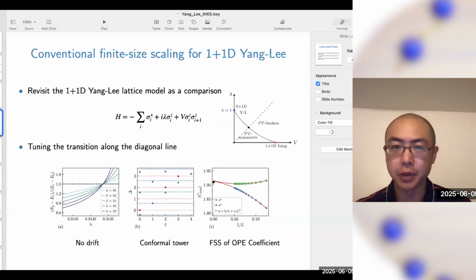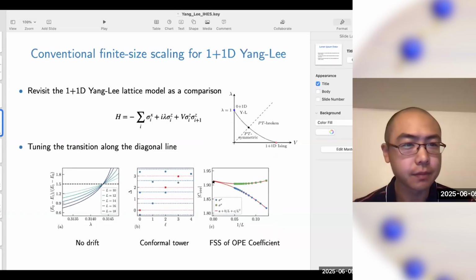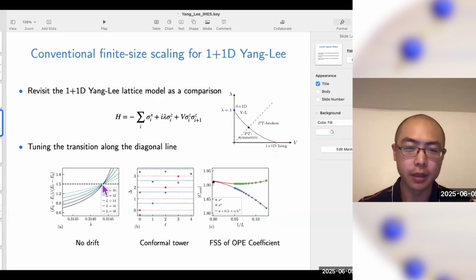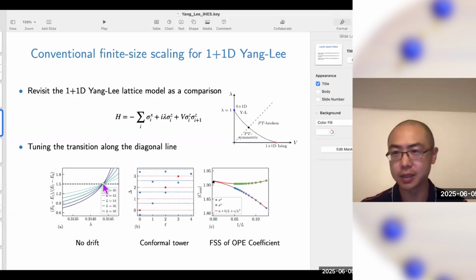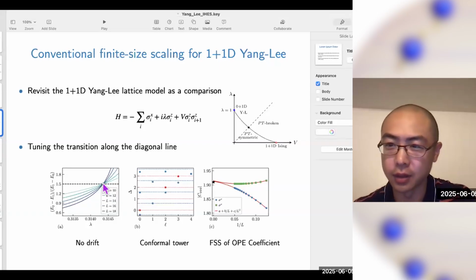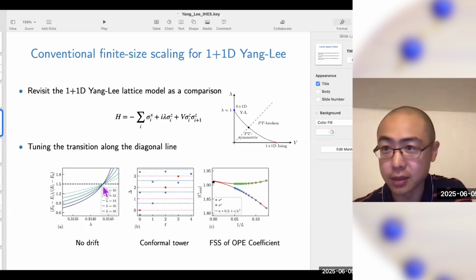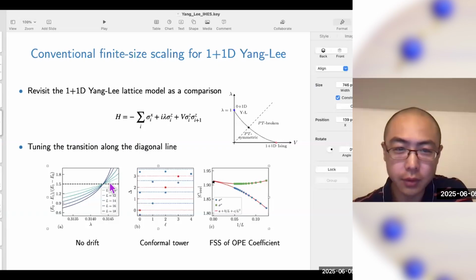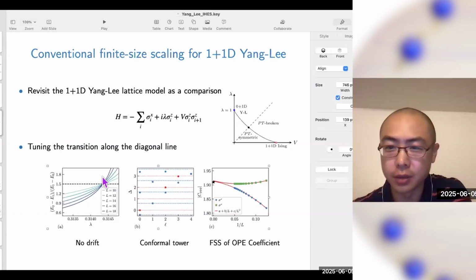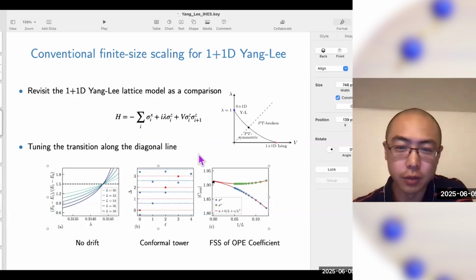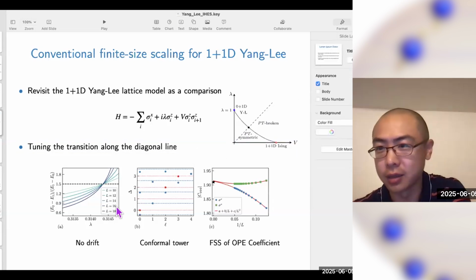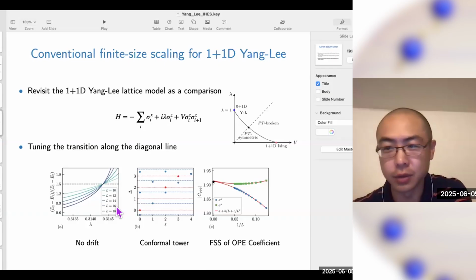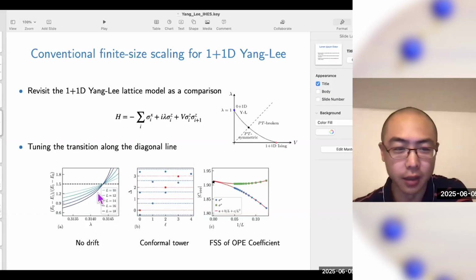Thanks for the question. Maybe let's just say what I know in this specific context. If you just look at this 1D model and you don't tune the transition along the diagonal line, you tune it along some other line, you can of course still see drift.